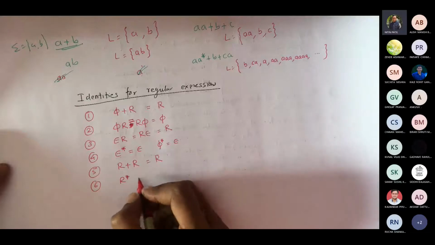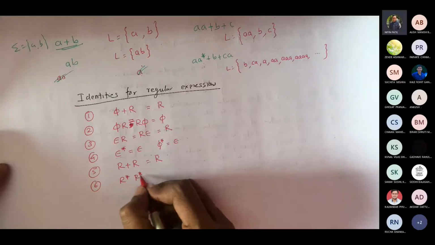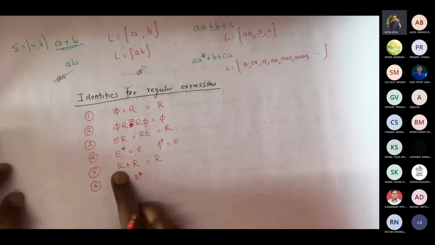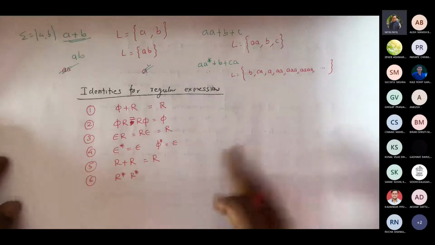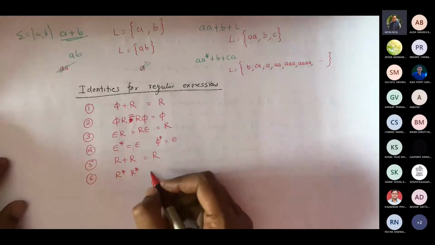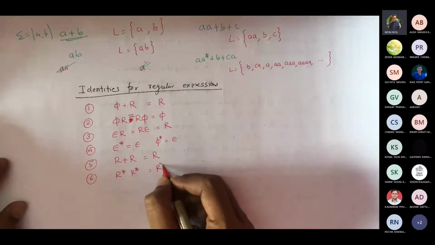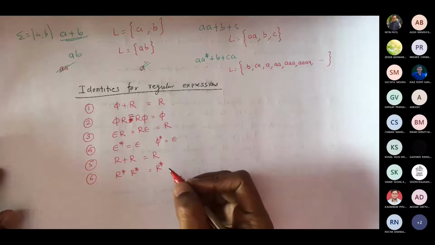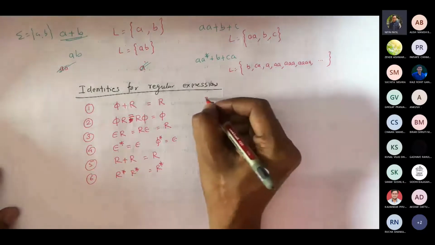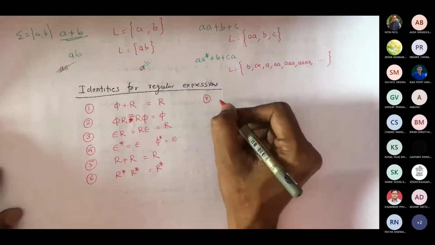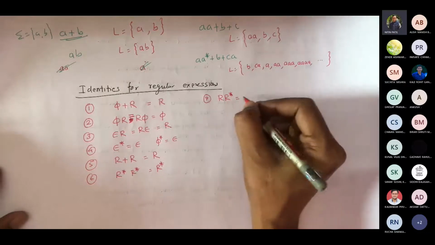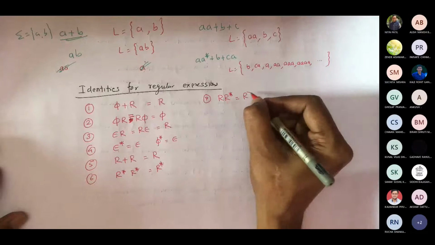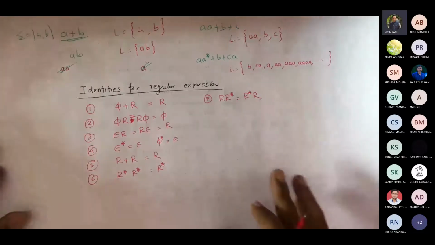Sixth, r star. If I say here r star plus r star, it would be r star only, correct? So it is applicable to any r. This also would be r star, correct? Now seventh, r star equal to r star r.